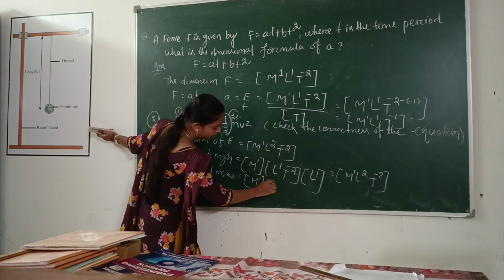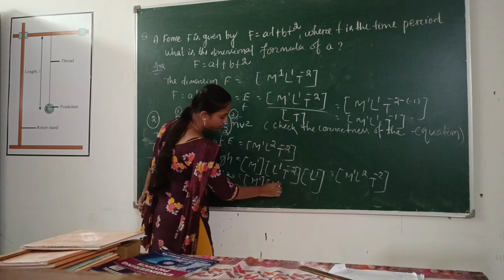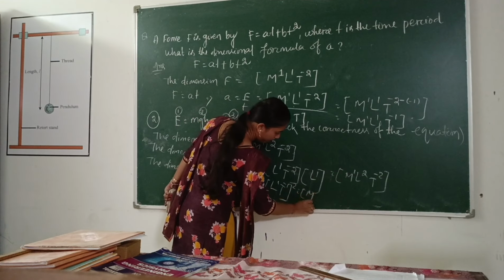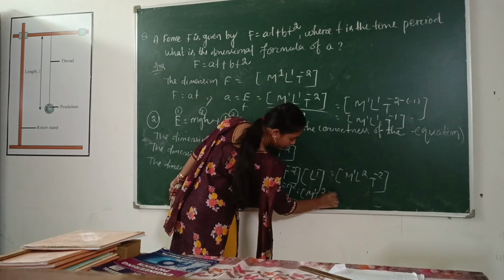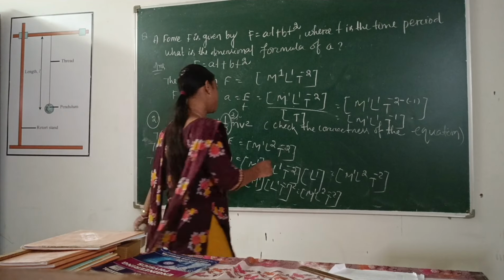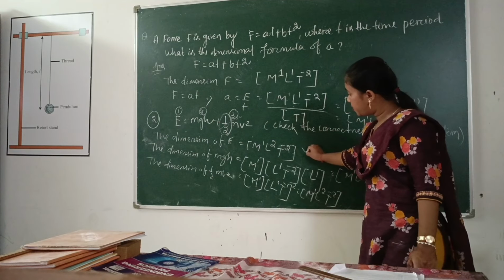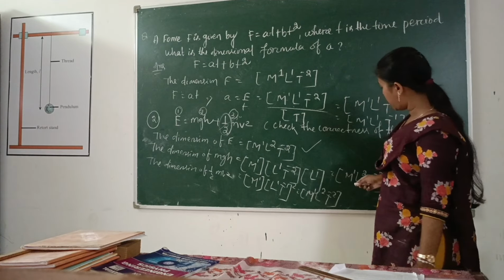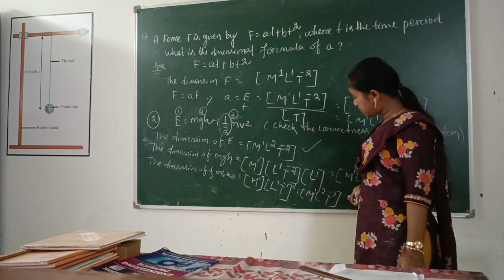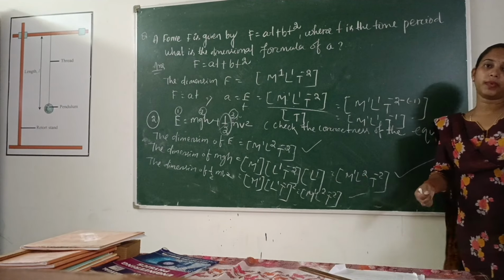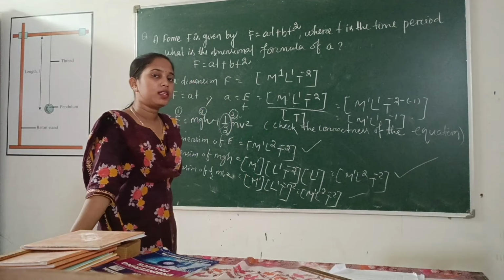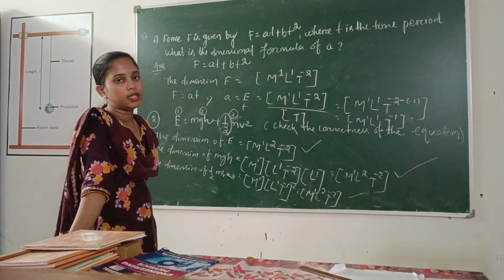So I can write m1 times l1 t to the power minus 1, that is whole square, that is m1 l2 t to the power minus 2. Since the three terms have the same dimension, here m1 l2 t to the power minus 2, mgh is also m1 l2 t to the power minus 2, and half mv square is also m1 l2 t to the power minus 2. Since the three terms have the same dimension, this is a dimensionally correct equation.